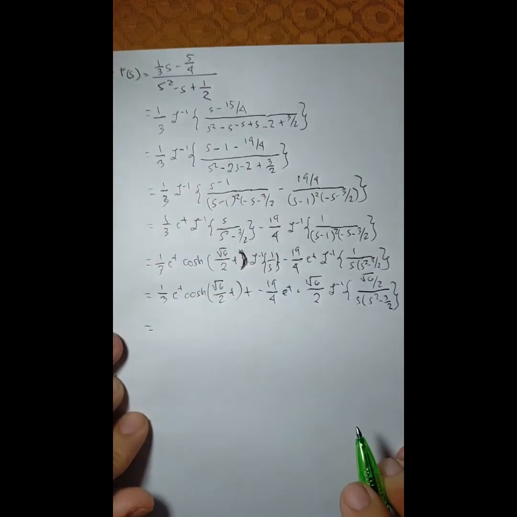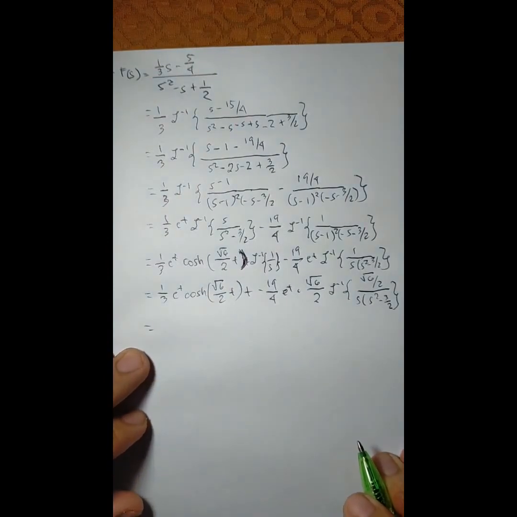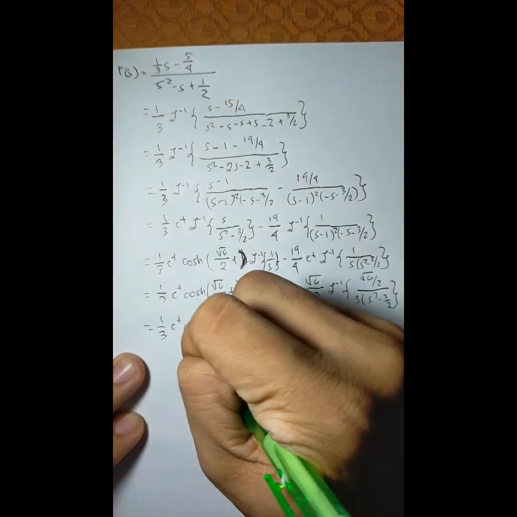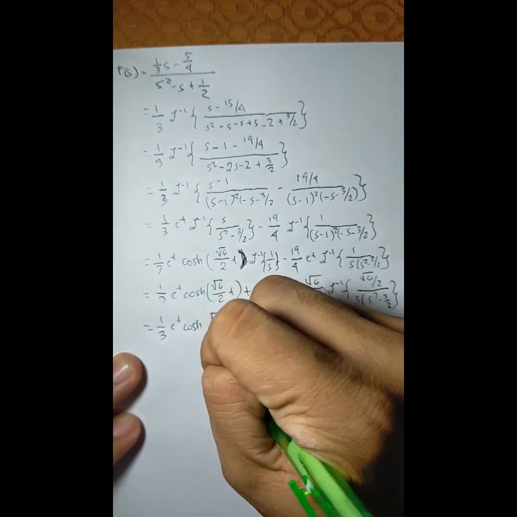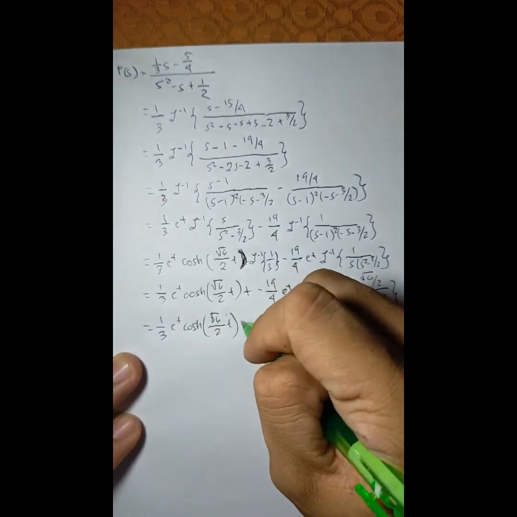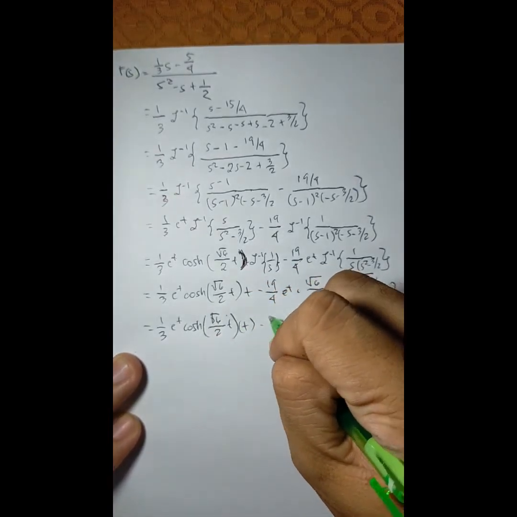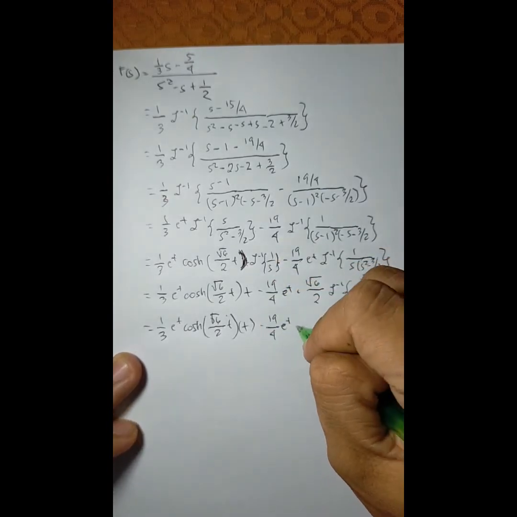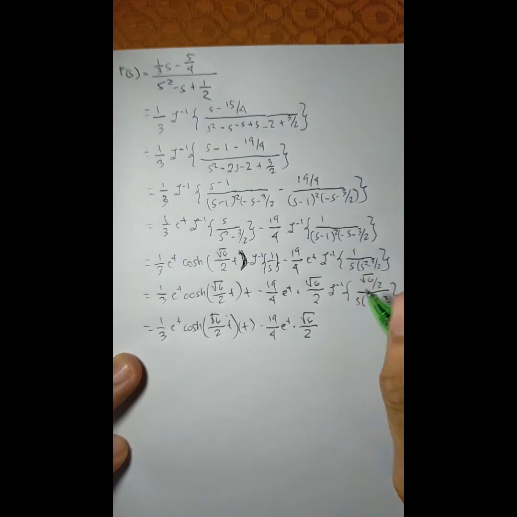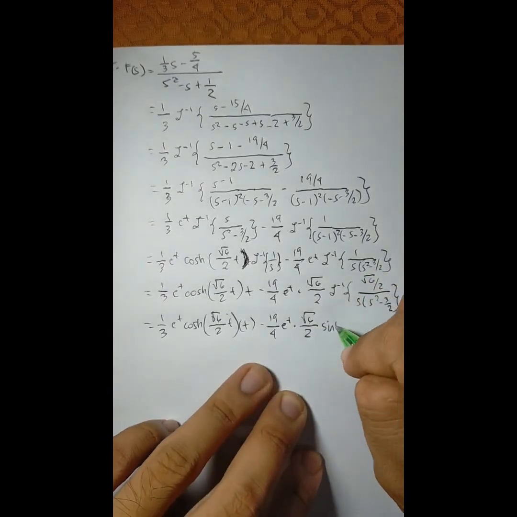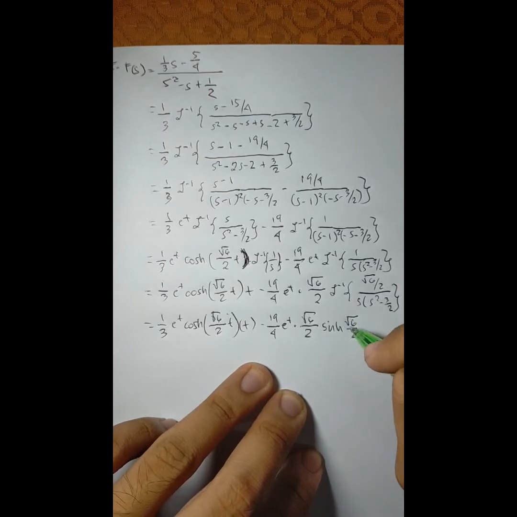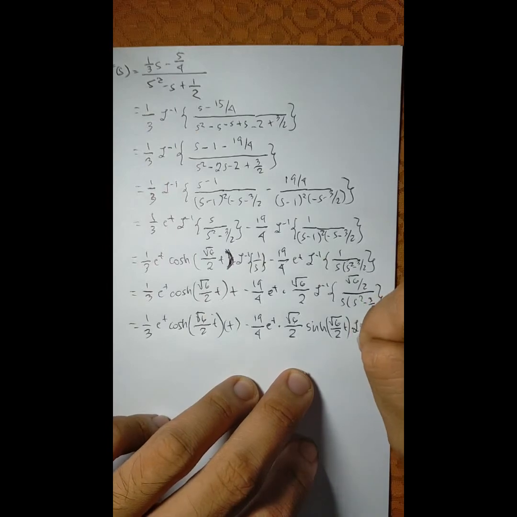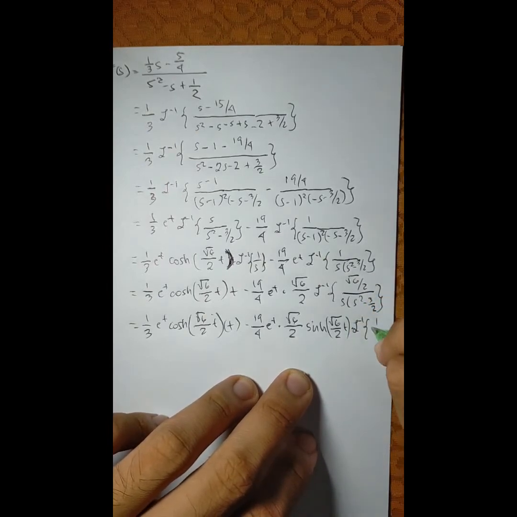This is equal to 1/3 e raised to t hyperbolic cosine of square root of 6 over 2 t multiplied by t, minus 19 over 4 e raised to t times square root of 6 over 2. This is equal to hyperbolic sine of square root of 6 over 2 t, and inverse Laplace transformation of 1 over s.